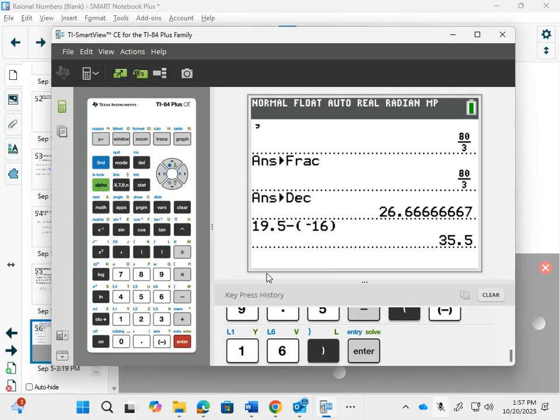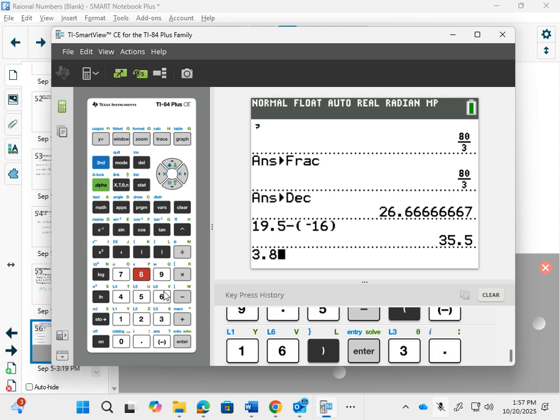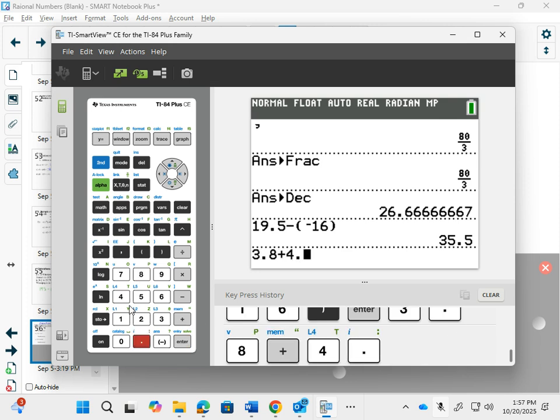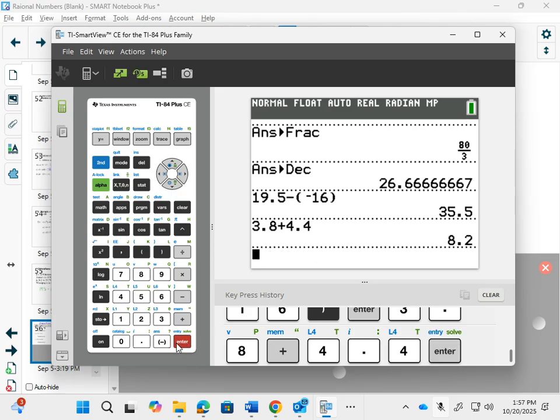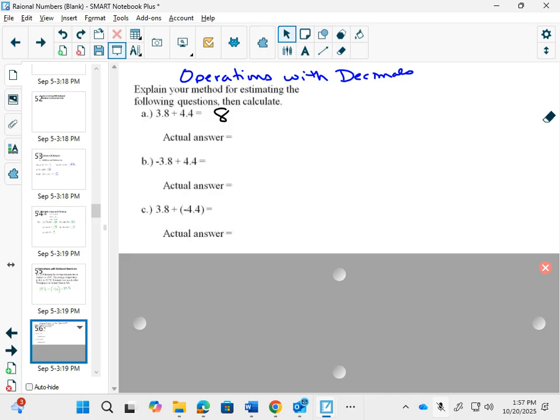What is 3.8 plus 4.4? 8.2. And some of you might have been able to do that in your head. I've got ones for you to try that I know that you can't get perfectly in your head. So it's 8.2. You know what I would actually do if I wanted to do this exactly in my head?